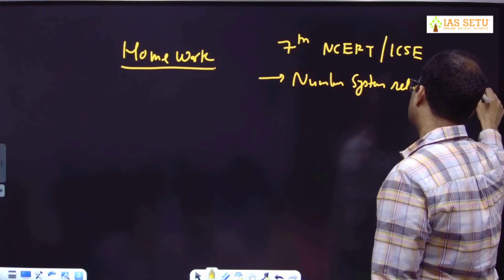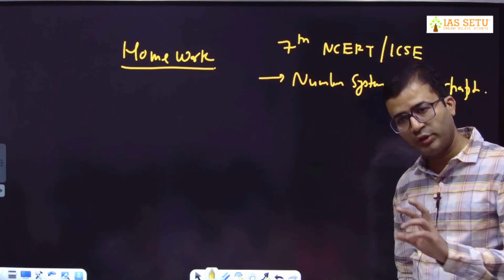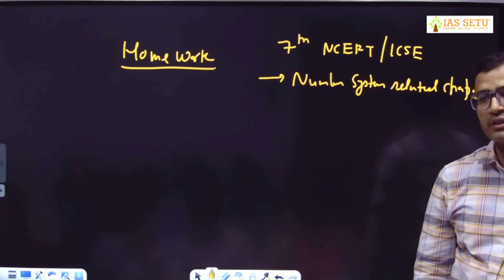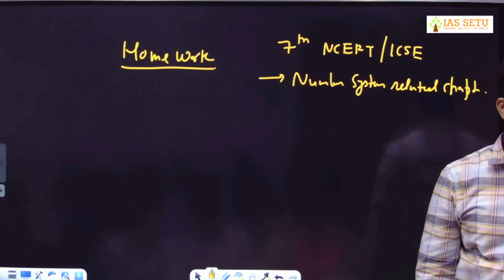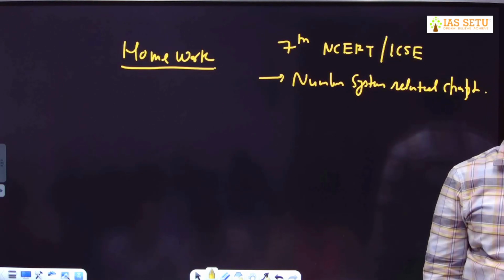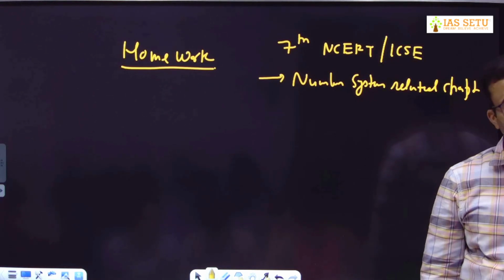Category 1 and category 0 students will do exercises as well. Otherwise category 2, category 3, you just read the theory part, read 1, 2 examples, that's it. But category 1, category 0 students, my suggestion, kindly do exercises as well.